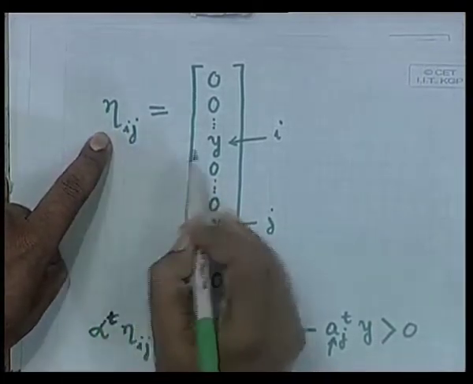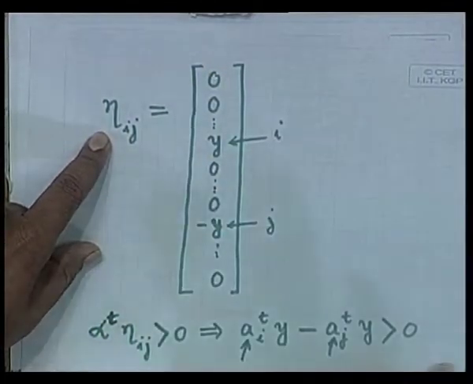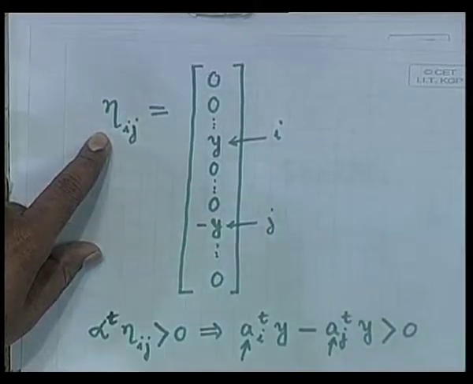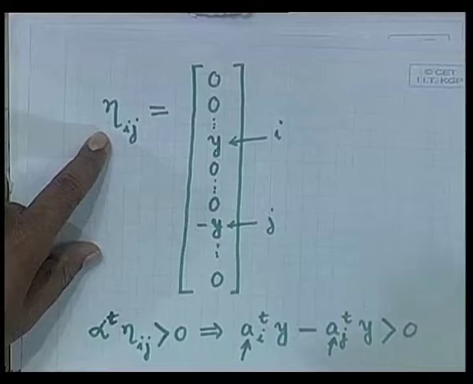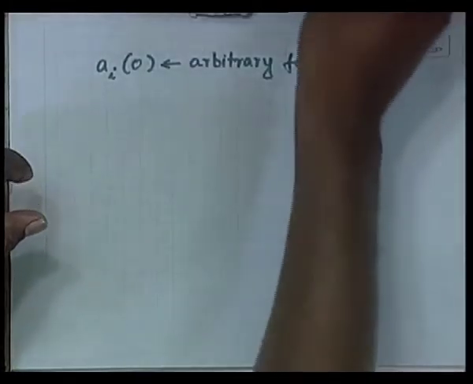For each of these samples, I have to generate c minus 1 sample vectors, and I have to ensure that each of those modified sample vectors is properly classified by the corresponding alpha. If any of those samples is not properly classified by alpha, then I have to modify both a_i as well as a_j.